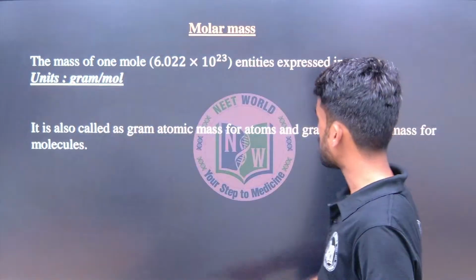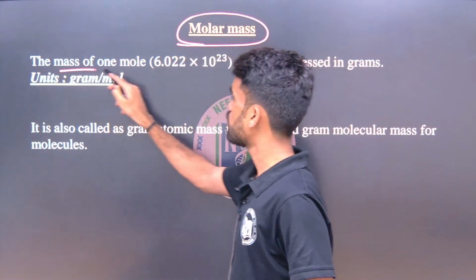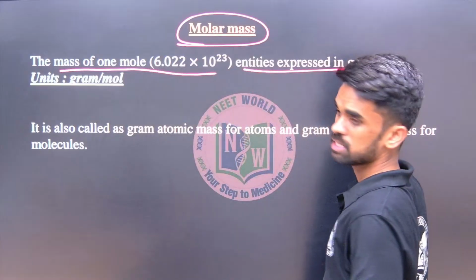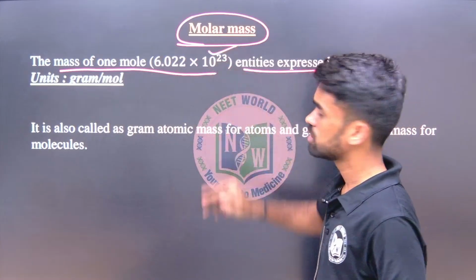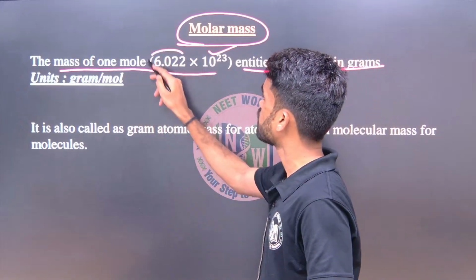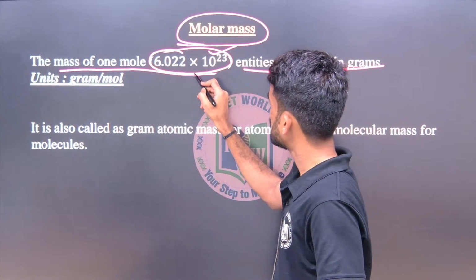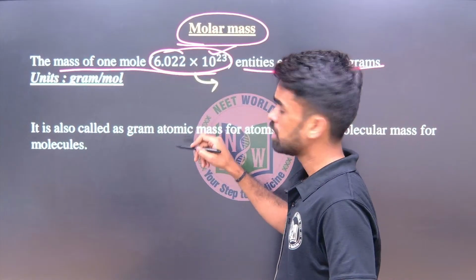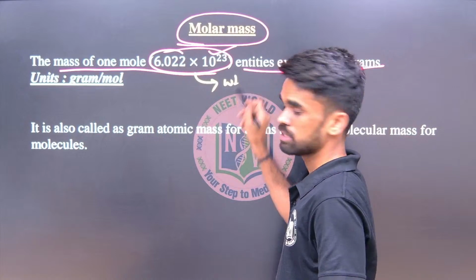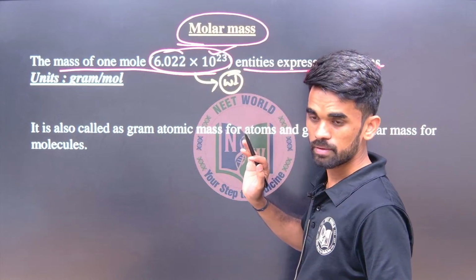Now what I am saying is molar mass. What is molar mass? The mass of 1 mole of entities in grams is considered molar mass. 1 mole contains this many entities, and if we take this many entities and weigh them, we get the molar mass.